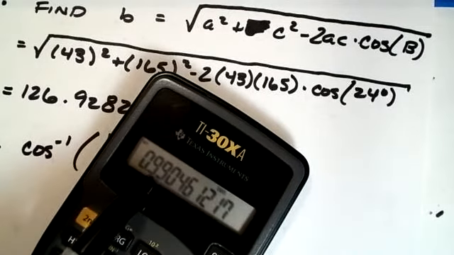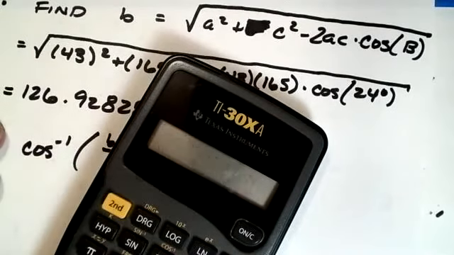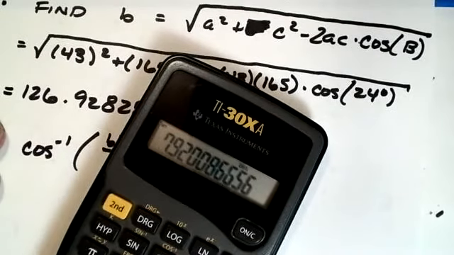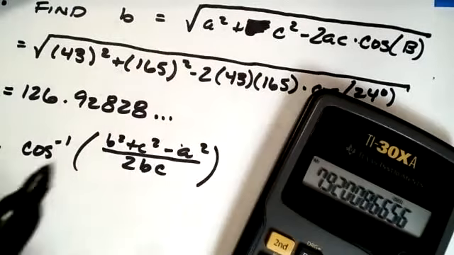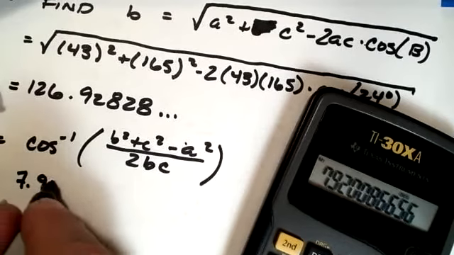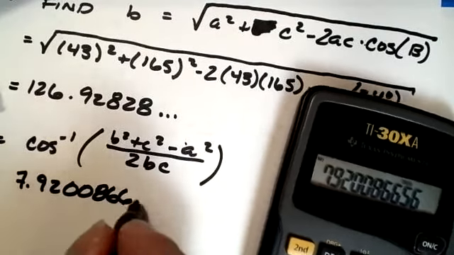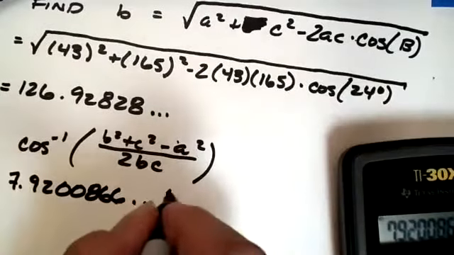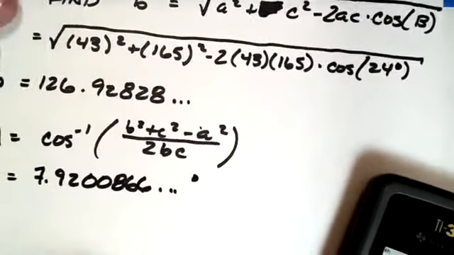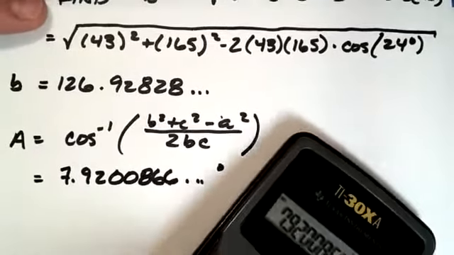And it is in the range of cosine, which we expected. So I will now take the inverse cosine, and I end up with 7.92 degrees, 7.9200866, etc. degrees.